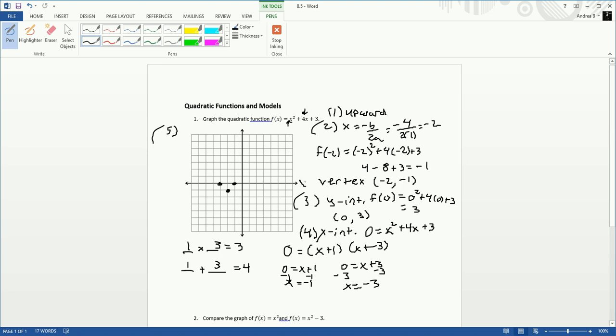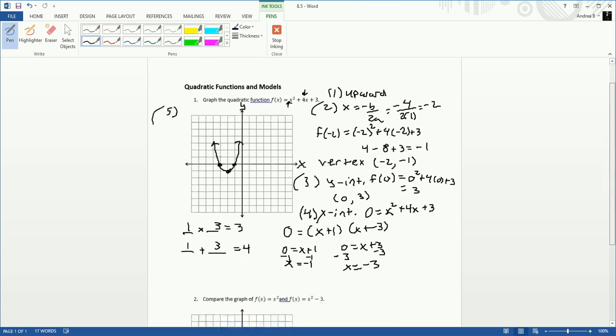Remember, x is always the horizontal, y is the vertical line. And then we can connect those to make our curve. Remember, it should look kind of like a U. It might not look perfectly like one because we're doing it by hand, but it should be U-shaped, and it should be going upward, like we said in step 1. So that's in terms of graphing that.